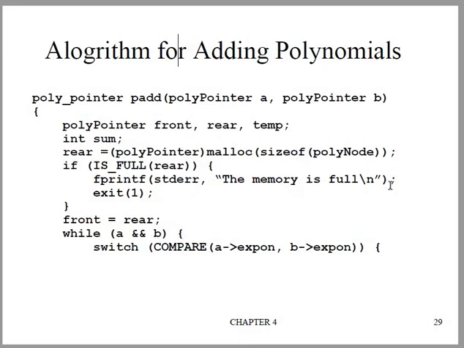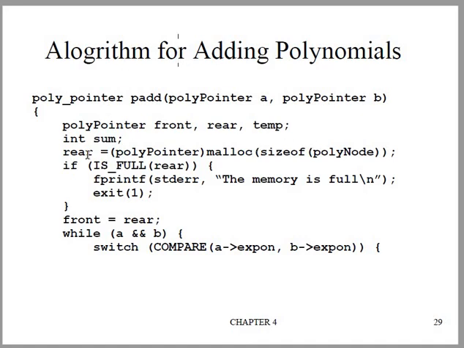Okay, so now let's see the code for adding polynomials using linked list. So there are two polynomials a and b. We'll be using the front and rear pointers also here. According to your need you can use pointers.